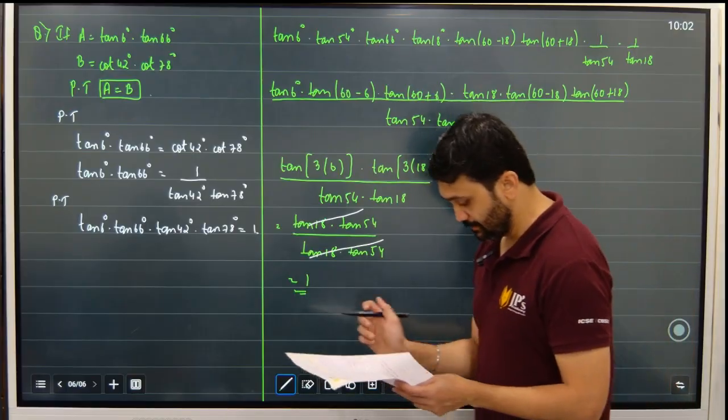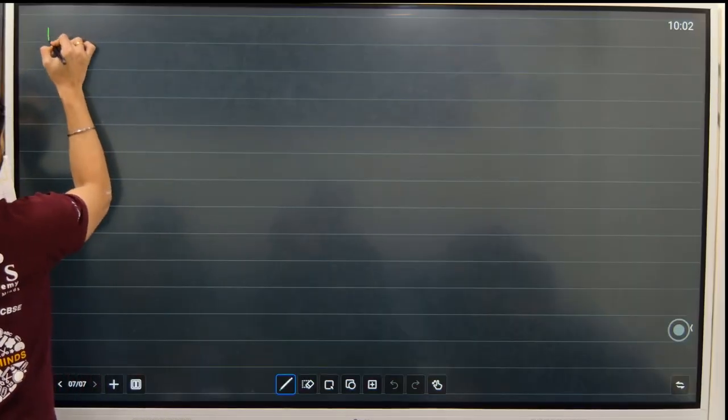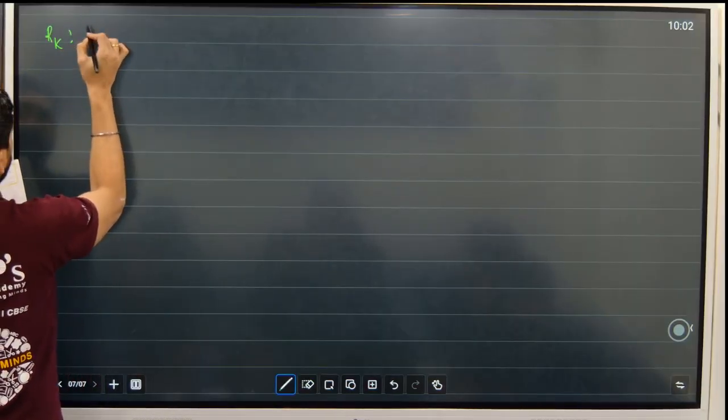Okay. Now, if you remember, we had done these kind of sums. Next set of remarks, अगर याद रहेगा.